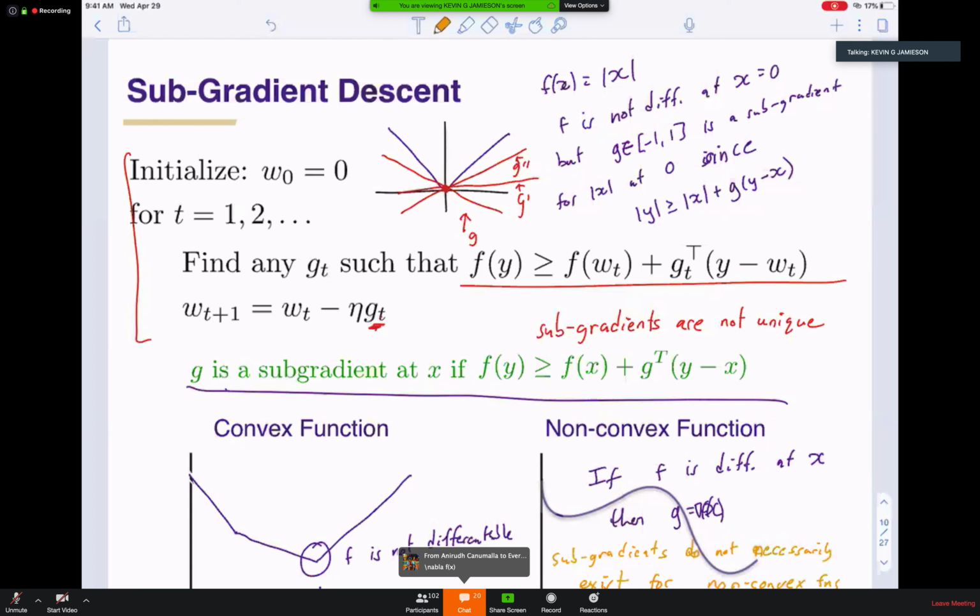If I have a point here, there's just no plane I can put under that will make the function be above it. And so for non-convex functions, subgradients don't always exist. However, convex functions have subgradients defined everywhere.